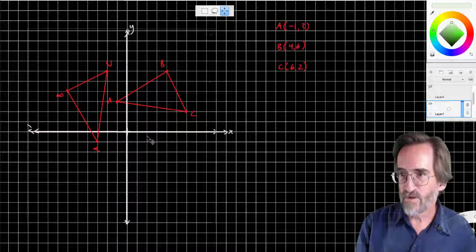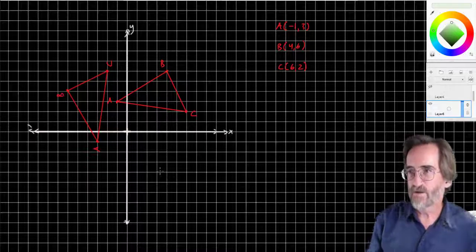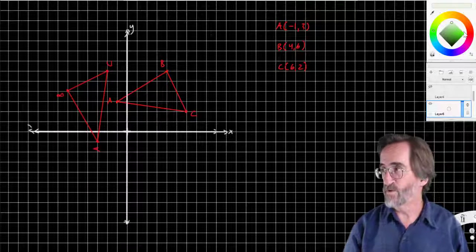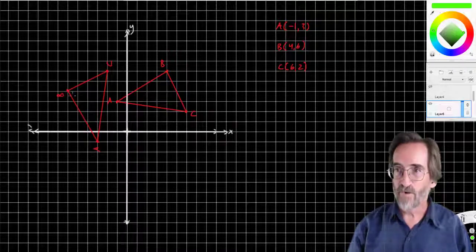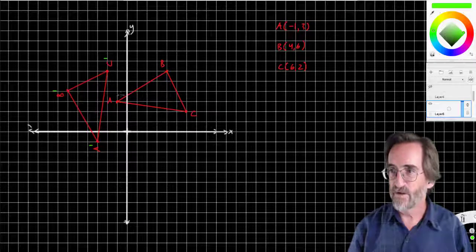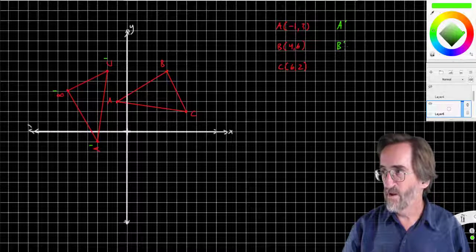Okay, so that the axes line up. There we go. All right, so here we have a 90 degrees positive or counterclockwise rotation in which our image A prime, B prime, C prime is over here. Okay, and let's see what happened. A prime, B prime, C prime.